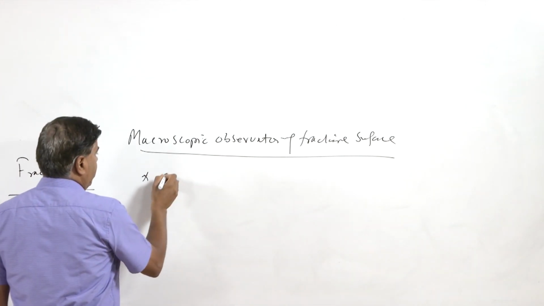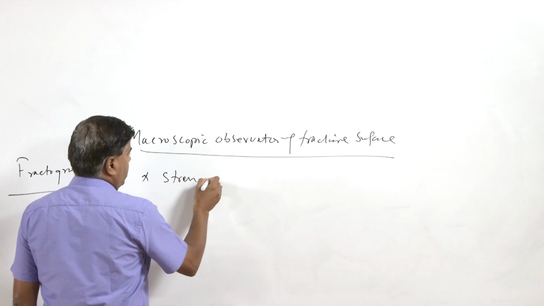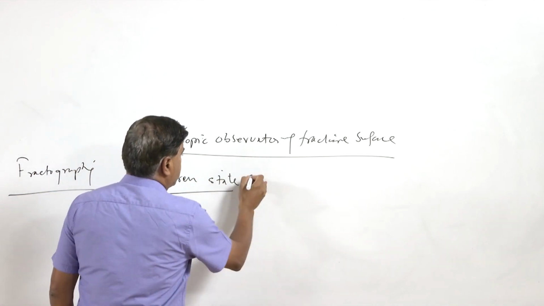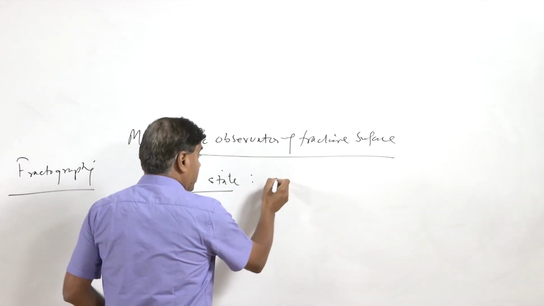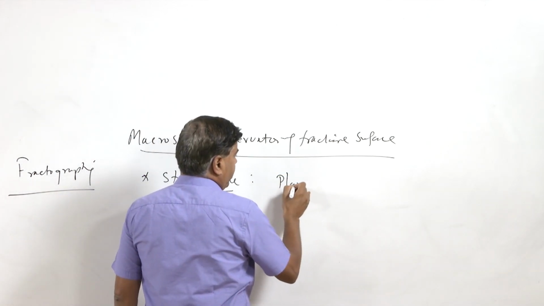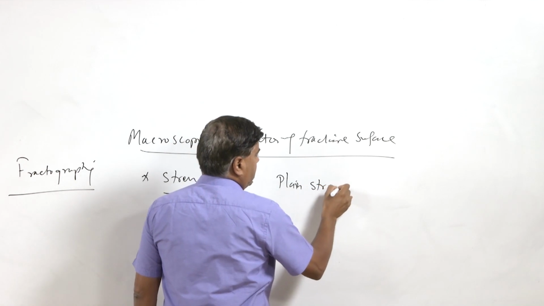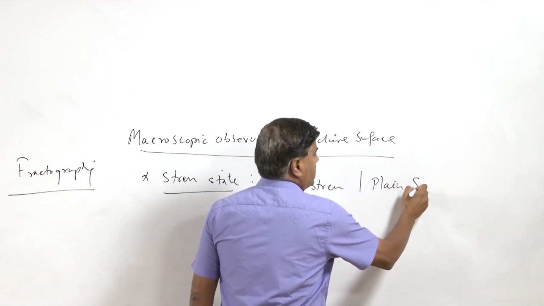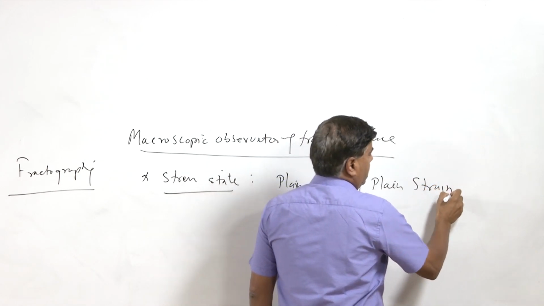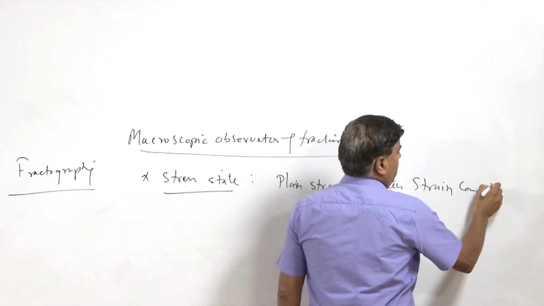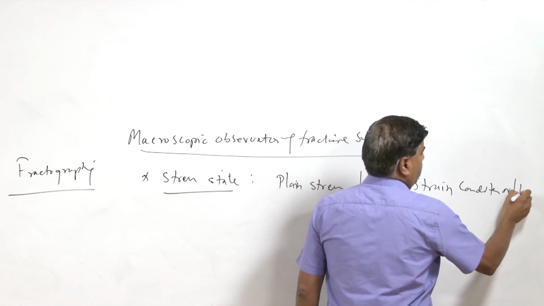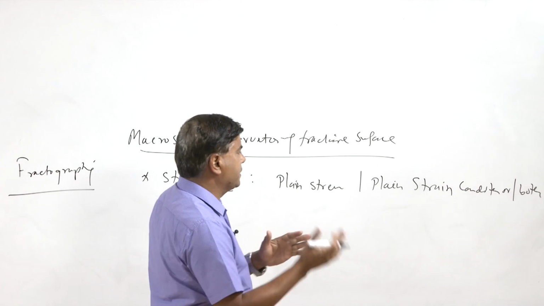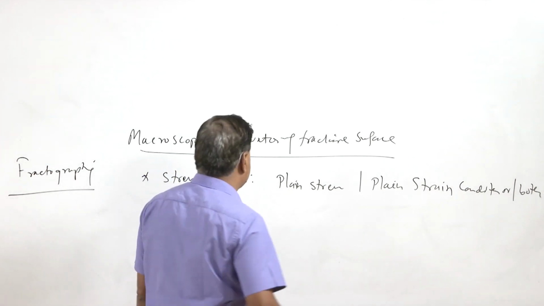One is the stress state under which the fracture has taken place. So, there can be plane stress conditions, or there can be plane strain conditions, or both, where it is partially plane stress and partially plane strain conditions.